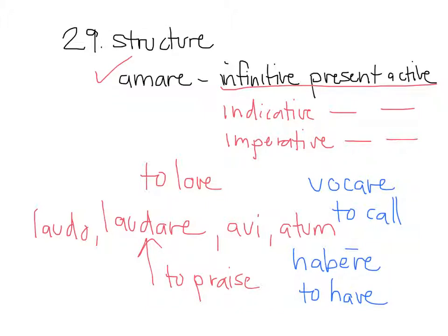The infinitive present active is used to conjugate the indicative and used to conjugate the imperative, but it's also an entity in and of itself, and it needs no conjugation because it has no person and number. It always is translated as to love, to call, to have, to praise, to teach, to owe. There's nothing to it beyond that.